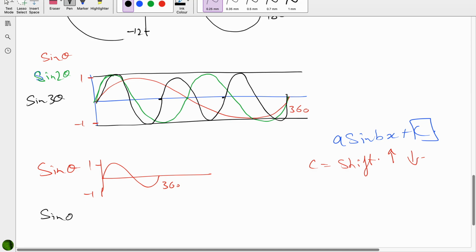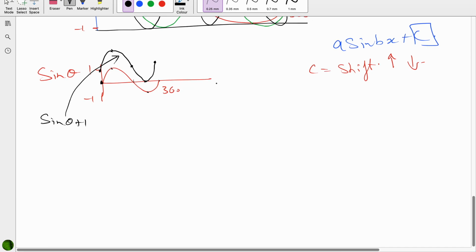But if I say sine theta plus 1, I should take this graph 1 unit up. So all the points, when you raise them by 1 unit, this is what you get. So this new graph is sine theta plus 1.